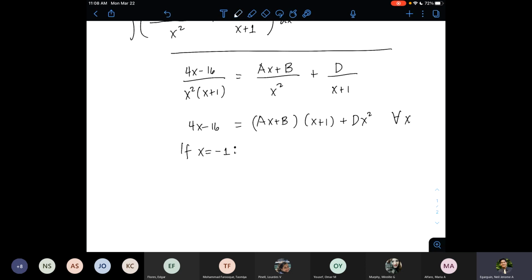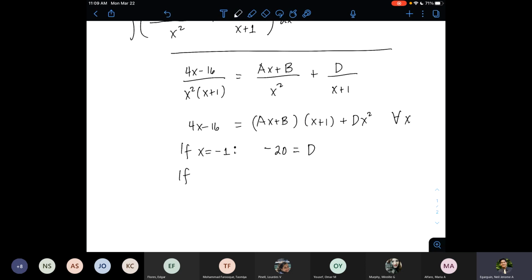If I plug in -1 on the left side, and also plug -1 in here, doing so will give you -4 minus 16, so that's -20, equals the first term will be 0 because x plus 1 will be 0. So we'll have just d. So d is equal to -20, right?